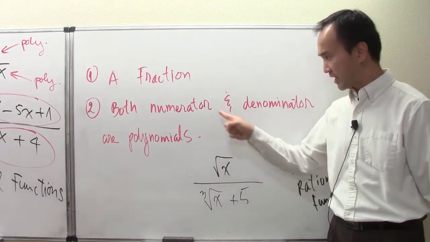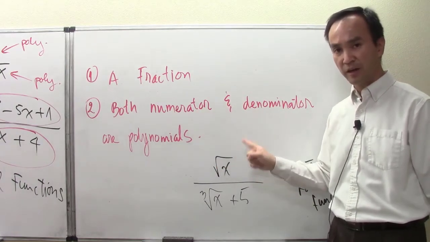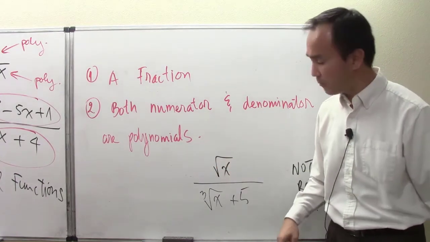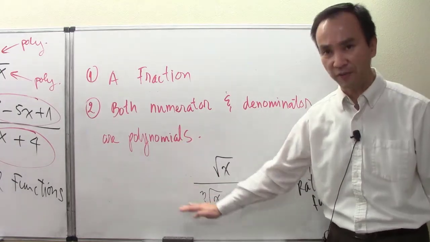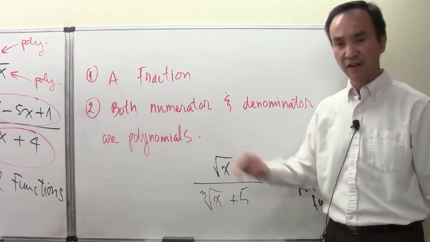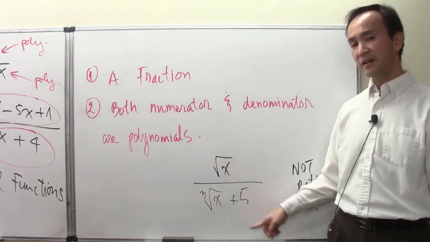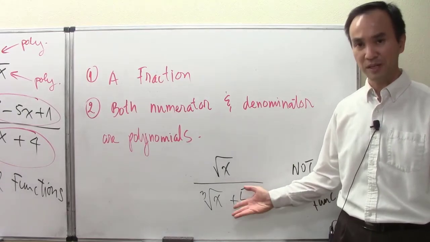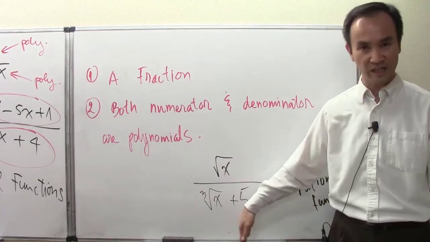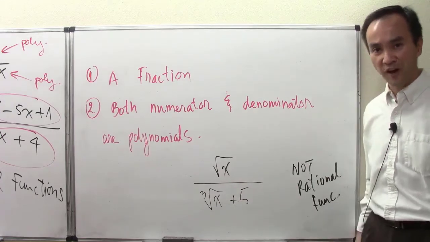As long as any one of the numerator and denominator fails to be a polynomial, your fraction does not yet qualify to be a rational function. With this function, both numerator and denominator fail to be polynomial. So this whole thing is not a rational function.